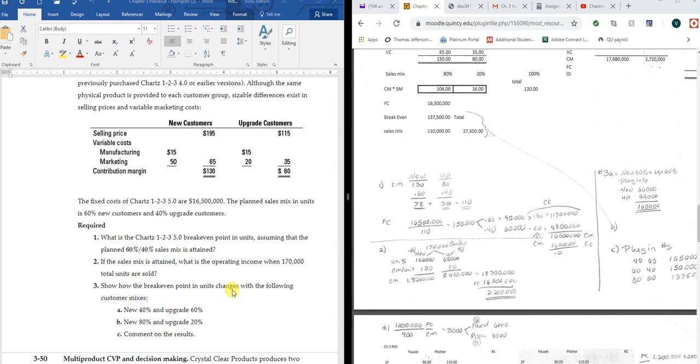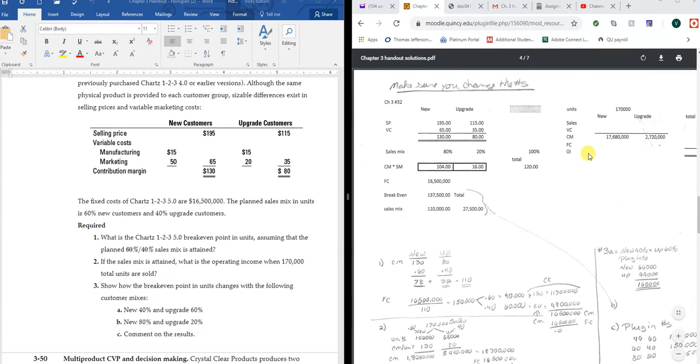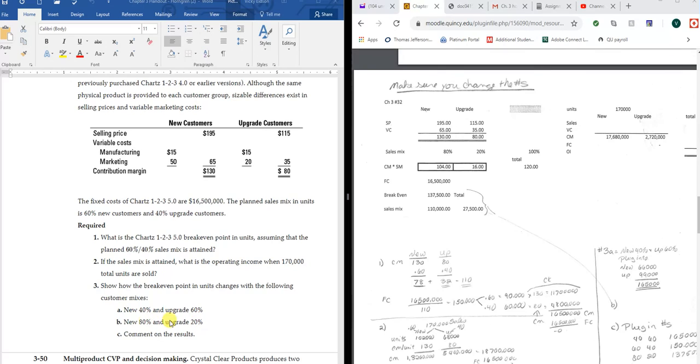Show how the break-even point changes when the following customer mixes. And this is where it's really nice to just set it up on a computer, because I can just keep changing my sales mix. I did this one last because it's in there, but I could just change those two numbers. If I set up my formulas correctly, everything comes out correct as far as the final answer.